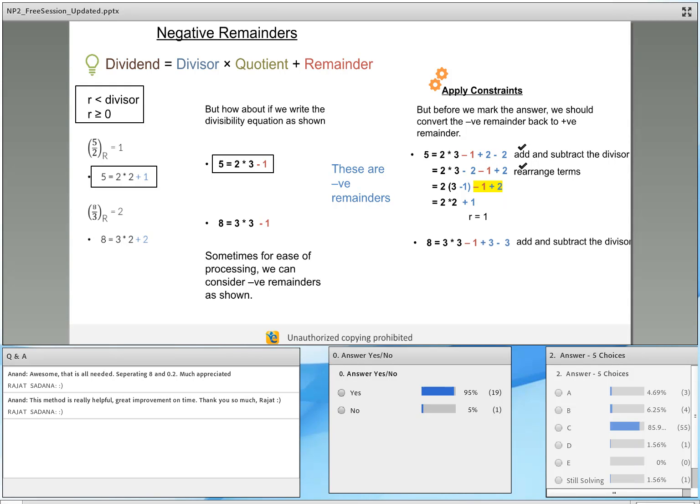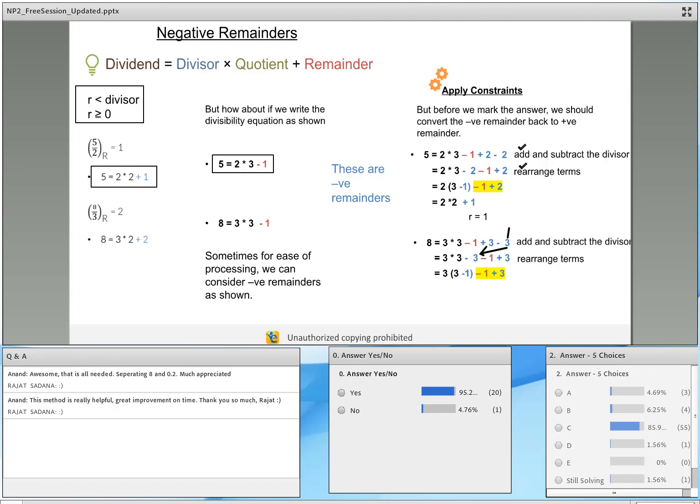Now we're going to do the same thing with 8. 3 times 3 minus 1, then added and subtracted the divisor. Again, I just want to prove that we get to the same remainder. Then we rearrange the terms once again. So we got this 3 over here, this minus 3, we got this over here, and then we just pushed everything back.